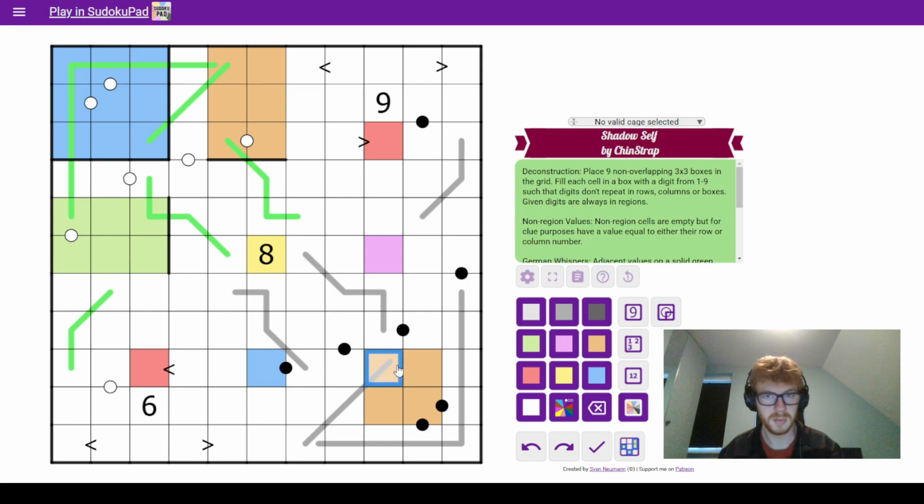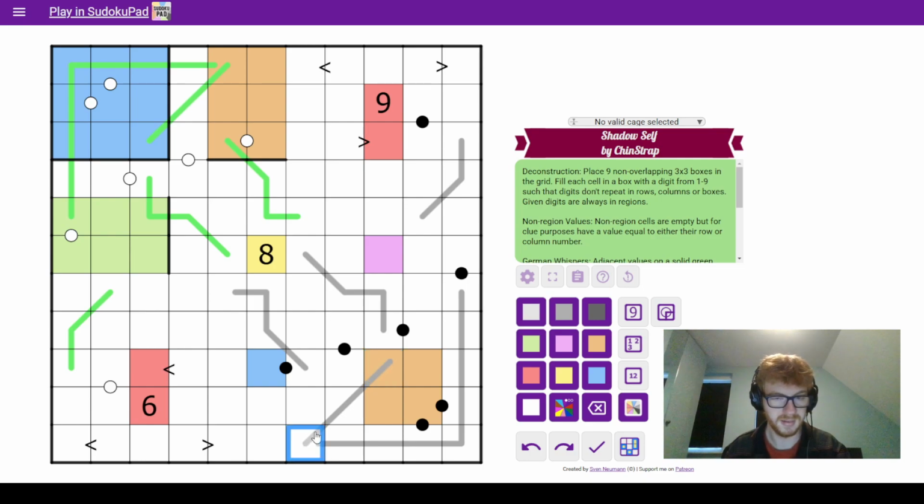Oh, and also, wait. Oh, place none. Given digits are always in regions. Okay, that is something I hadn't appreciated before. What I was seeing is this cannot be a 9, right? I'm going to come back to this, but I saw that this couldn't be a 9.